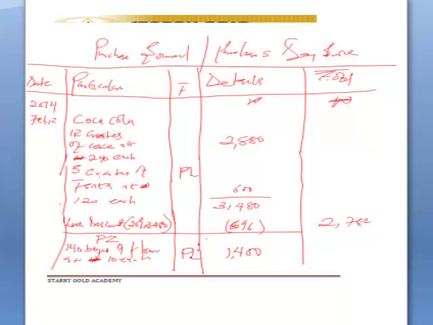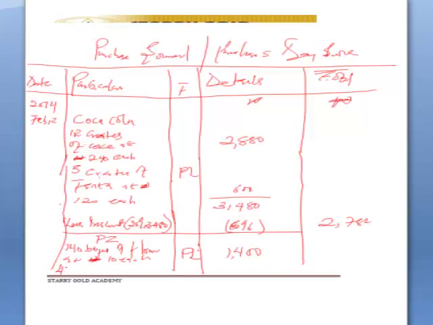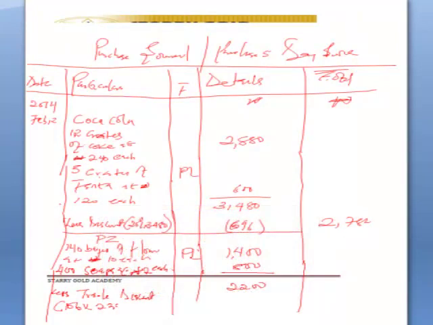So 1,400. What else was purchased? 400 soaps at 2 naira each, and that will give me 800. If we sum this up, it will give us 2,200. Then less trade discount of 10% of 2,200, and that will be 220.